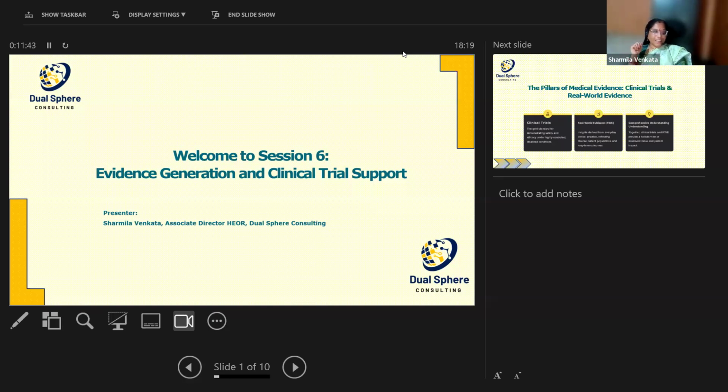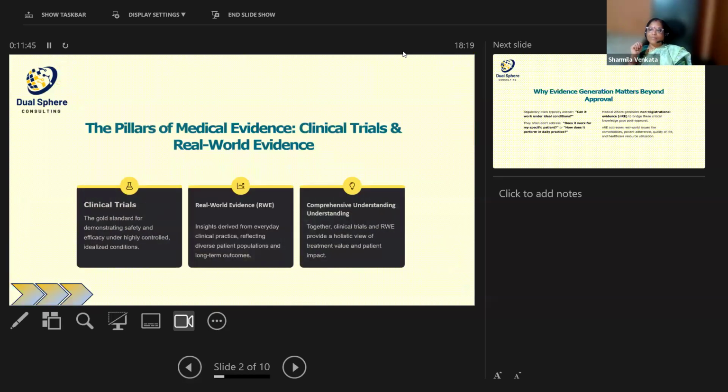So let's start by exploring the two main pillars of medical evidence. That is clinical trials and RWD. We have clinical trials, which are often called the gold standard of evidence. They are carefully designed experiments conducted under ideal, highly controlled conditions, right?